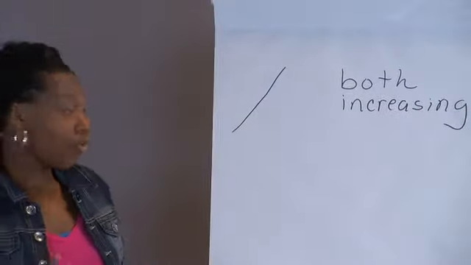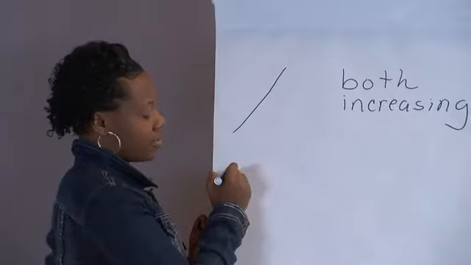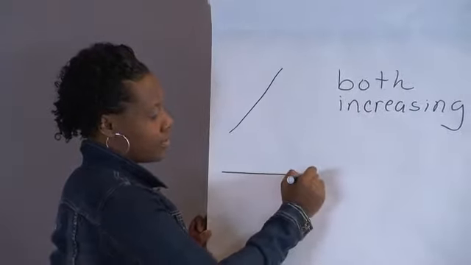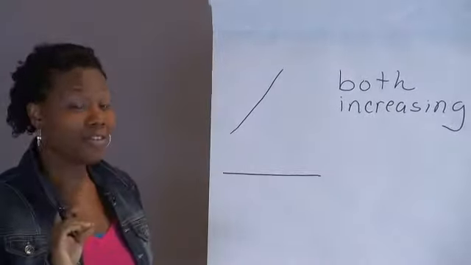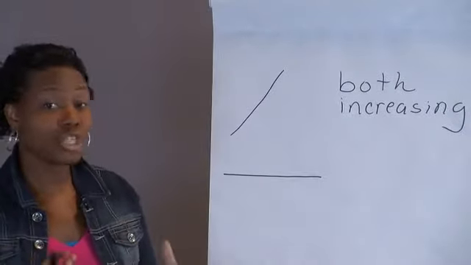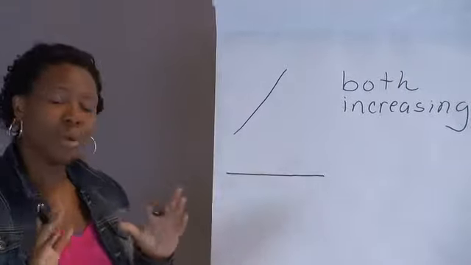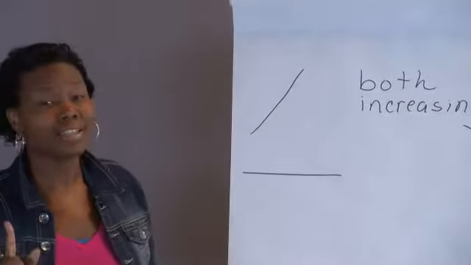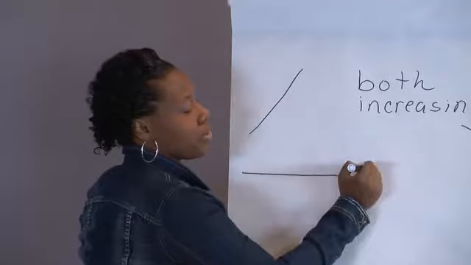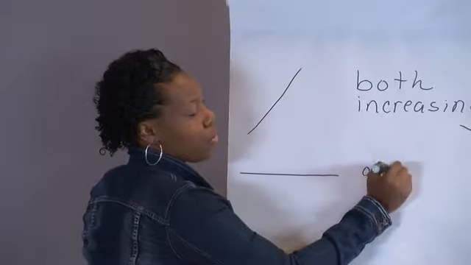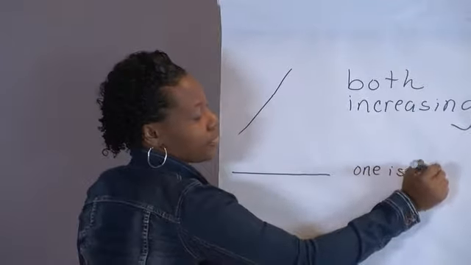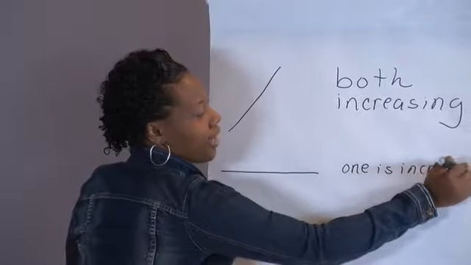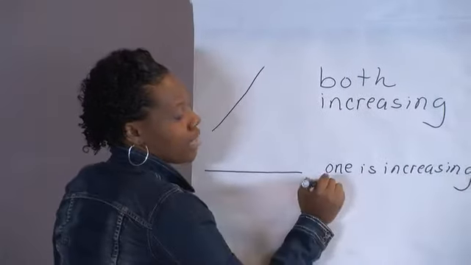Sometimes you'll have a part of a graph that may look like this. If the graph looks like that, remember that while one thing is increasing, one of the things is remaining the same. So here's what I'm going to put. One is increasing, and the other remains the same.